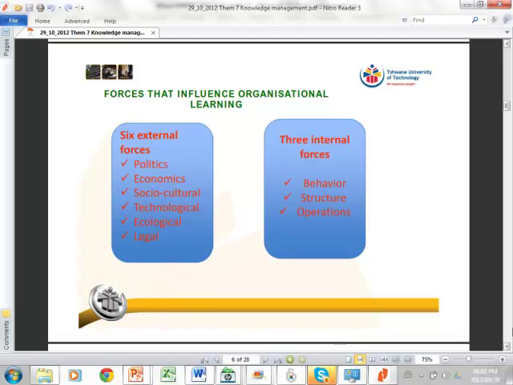Right, then operations. How the organization operates, and to what extent we are project-based or operations-based, will also affect to what extent project learning will take place.